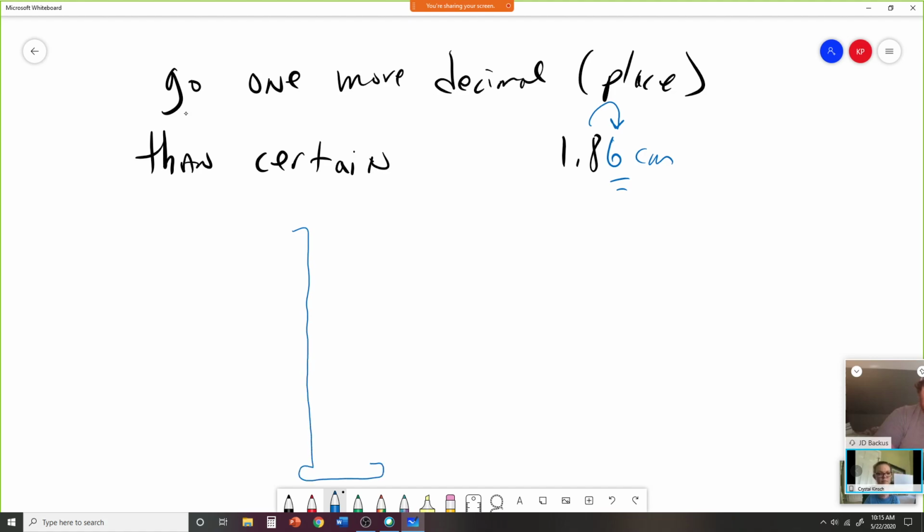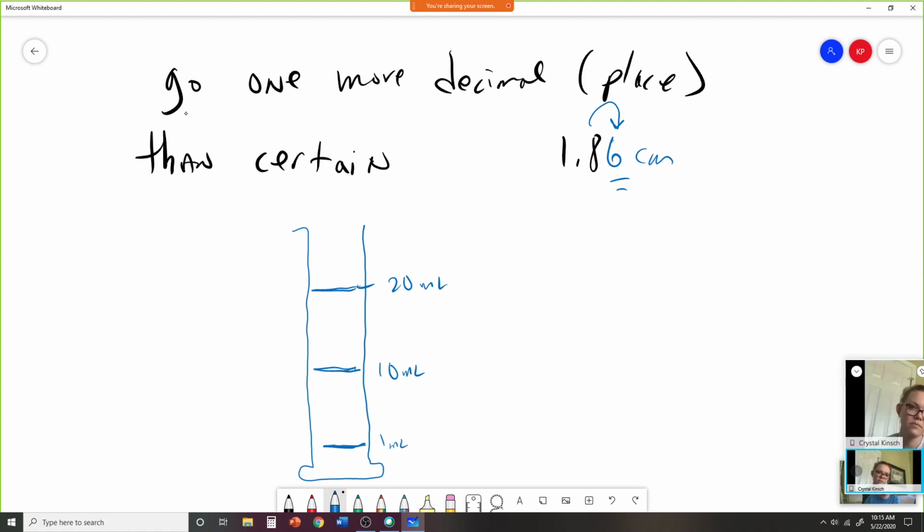Let's say we have a graduated cylinder and it's measured in milliliters. We have 1 milliliter, we have 10 milliliters, we have 20 milliliters, and in between, I think your lab has something similar to this. That line right there would be, let's see, 11, 12, 13.